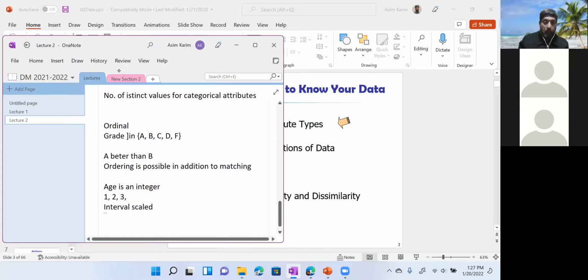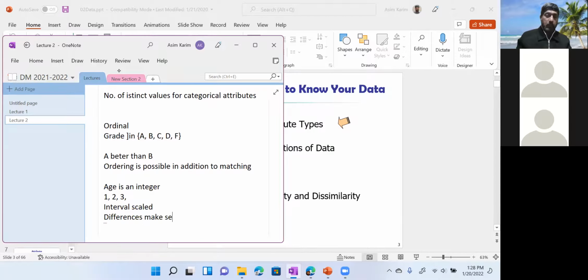So interval scaled are numeric attributes in which differences between values make sense, but ratios do not.